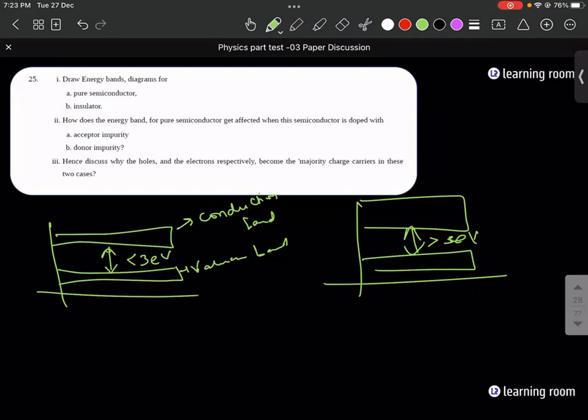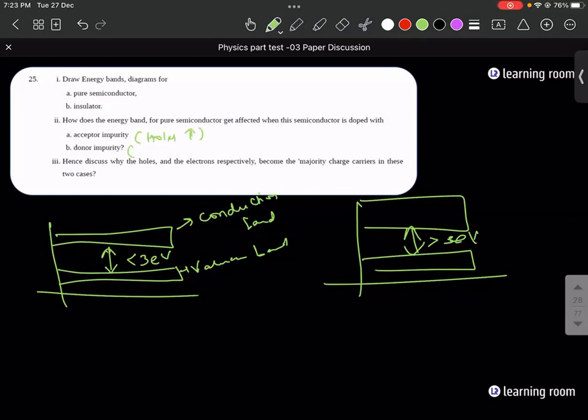Trivalent. What they're asking is, when you add a trivalent impurity, what will happen to the pure semiconductor? Hole concentration will increase, right? Yes, that's what they're expecting. That is a keyword. It becomes a p-type semiconductor, correct? So the concentration of holes will increase.